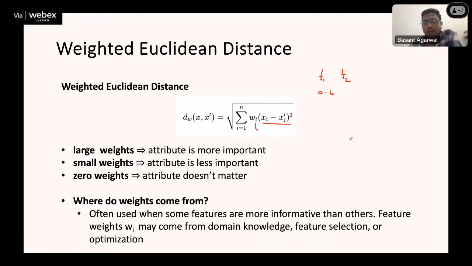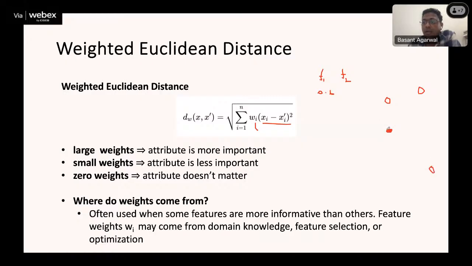And also we can use the information about the importance of the features based on the distance metric itself. So for example, let's say this is a testing sample, and these 3 are nearest neighbors.